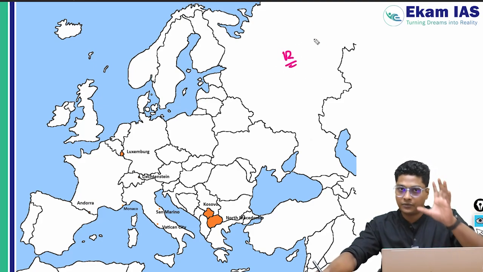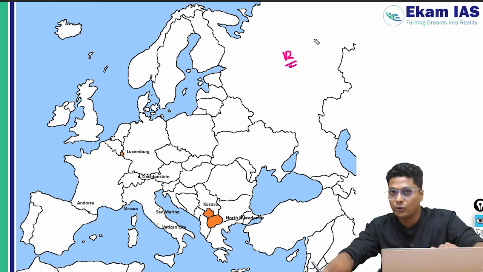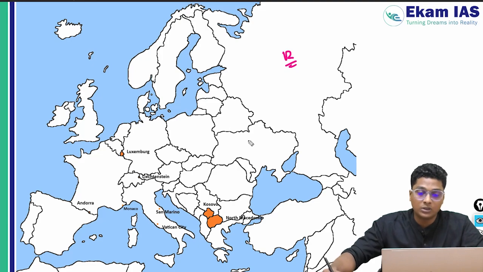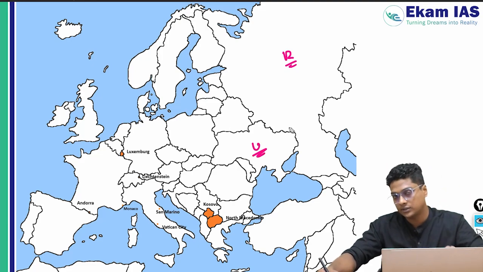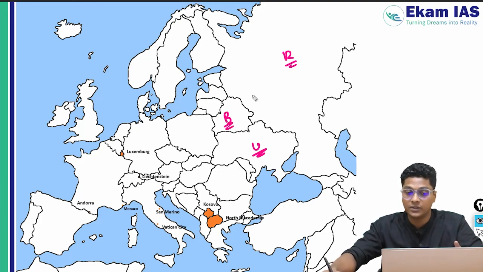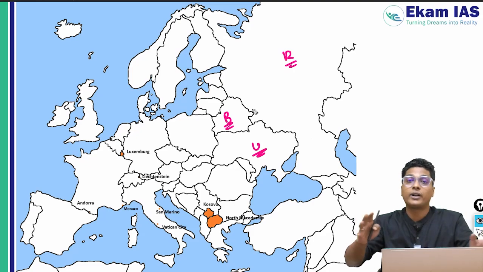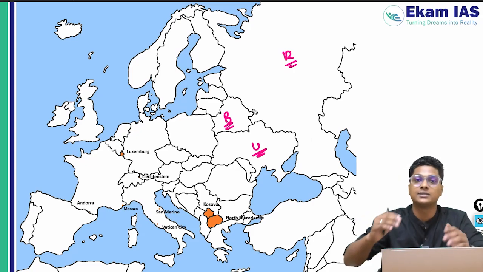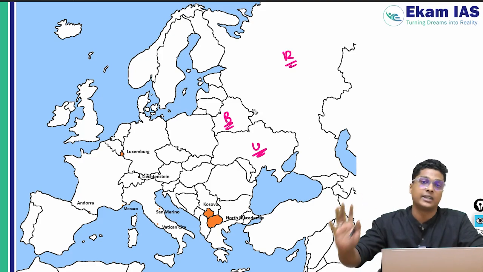We'll limit the Russia discussion to the European countries alone, which are the nations sharing border with Russia. Then we have to talk about the Ukraine region. They have already asked Ukraine. The next one, I'm expecting they'll be asking question based on Belarus. It's a landlocked country here as well. So we'll take a look at these bordering nations of these main important current affair related countries as well. Then we'll start with the physical features.